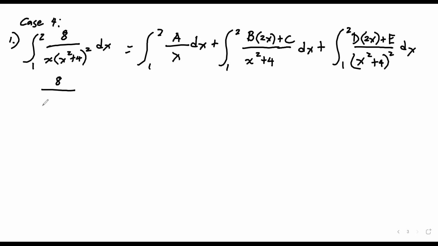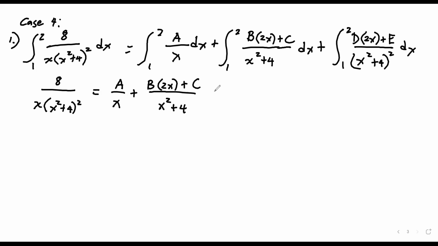So 8 over x times x squared plus 4, the square, equals a over x plus b times 2x plus c over x squared plus 4 plus d times 2x plus e over the factor squared.